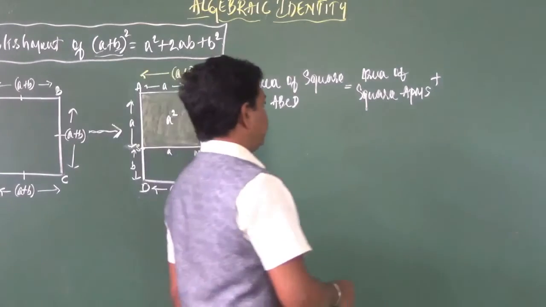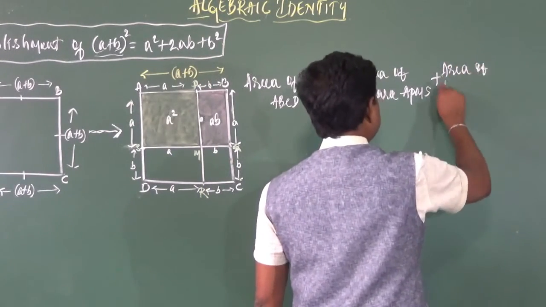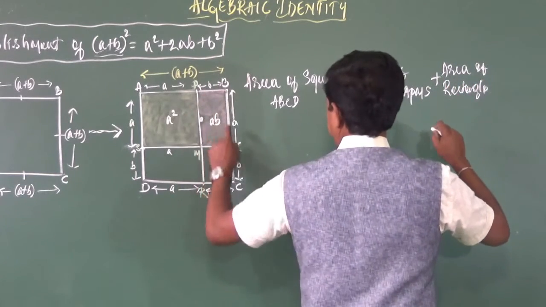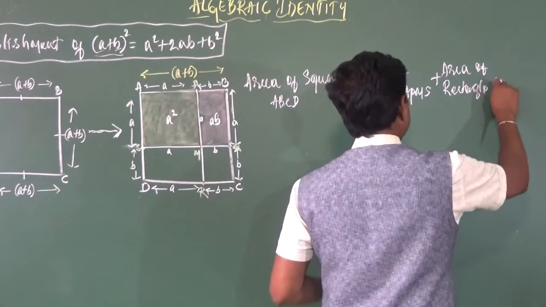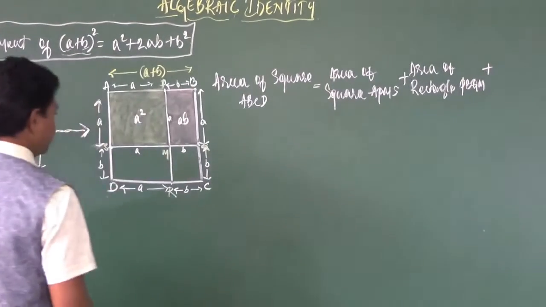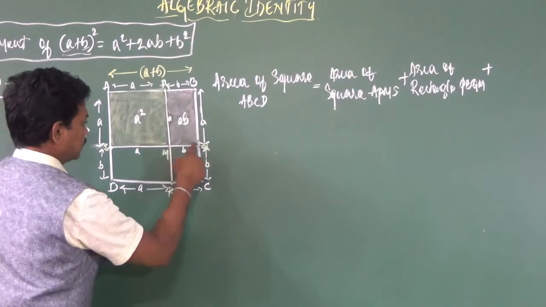So area of square APMS plus area of rectangle PBQM plus, let us get into the another polygon here. So here MQCR is another polygon here.